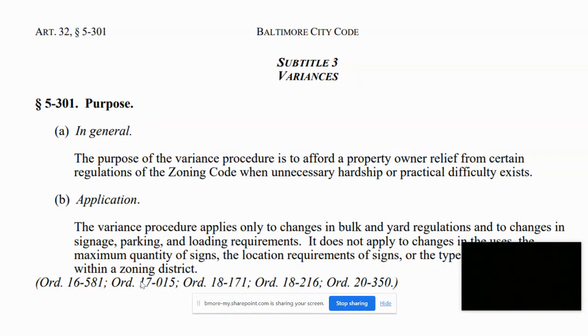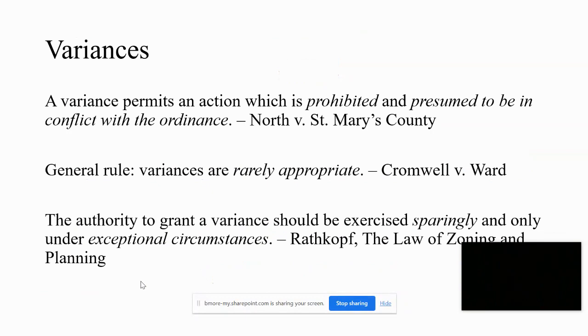You can look that up in the text of the code that I just showed you where to find. A variance permits an action which is prohibited and presumed to be in conflict with the ordinance, meaning the zoning code. The general rule is that variances are rarely appropriate and that the authority to grant a variance should be exercised sparingly and only under exceptional circumstances.